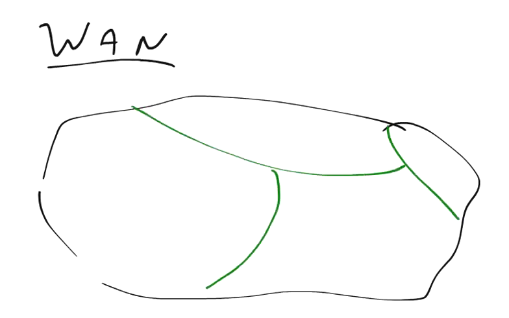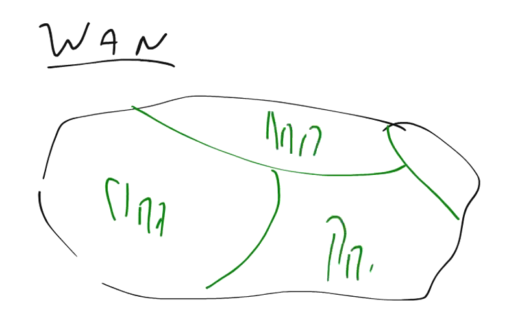WAN stands for wide area network. Let us suppose that we have a big country, and that country has 4 cities, and all those 4 cities have MANs and LANs.